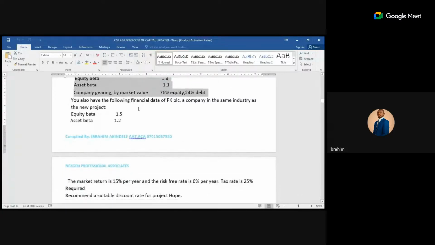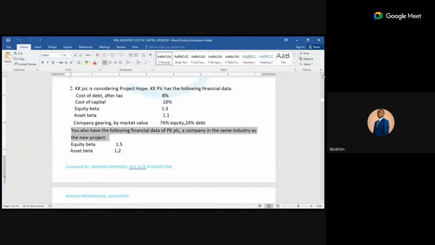You also have the following financial data of PKPLC, a company in the same industry as the new project. Class, can you see? The question will always give you the proxy company. You will always see it in the question that, oh, KKPLC is considering a new project.